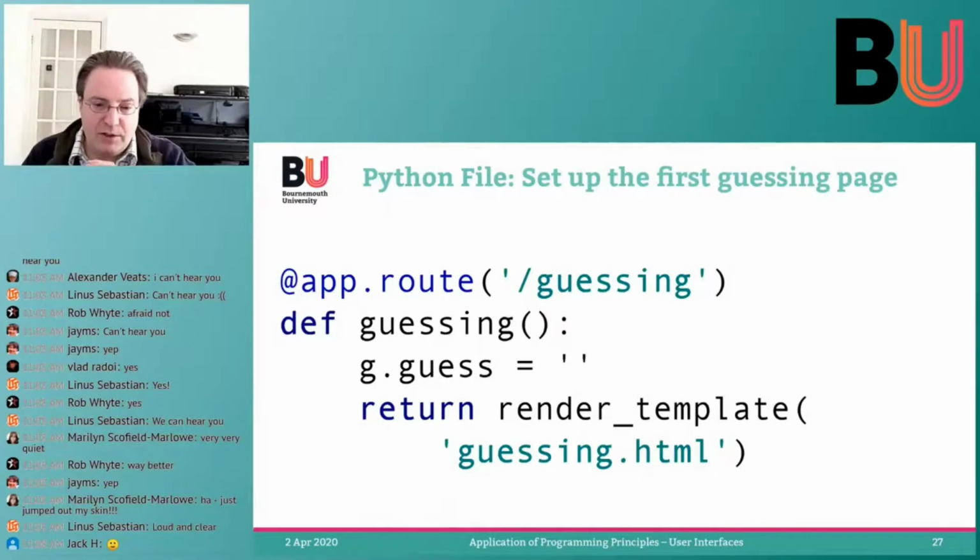The render template, what it does, it looks for this guessing.html file that we give as a parameter in the template directory, and then it basically goes through that template and it substitutes the relevant variables into that document. That way you can kind of mix and match your HTML with your Python code in hopefully the best way possible. And the G property is a special one that's available through Flask, so that it also becomes available to your template.